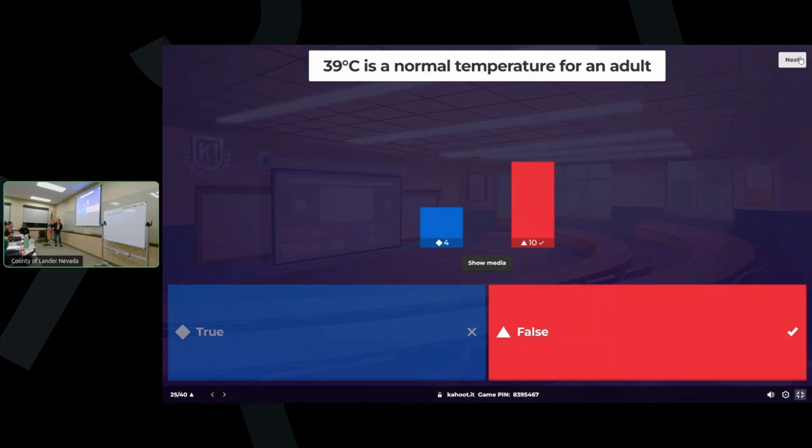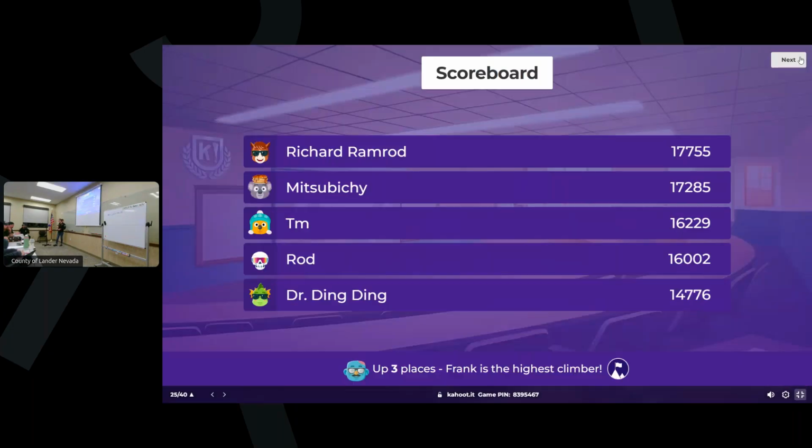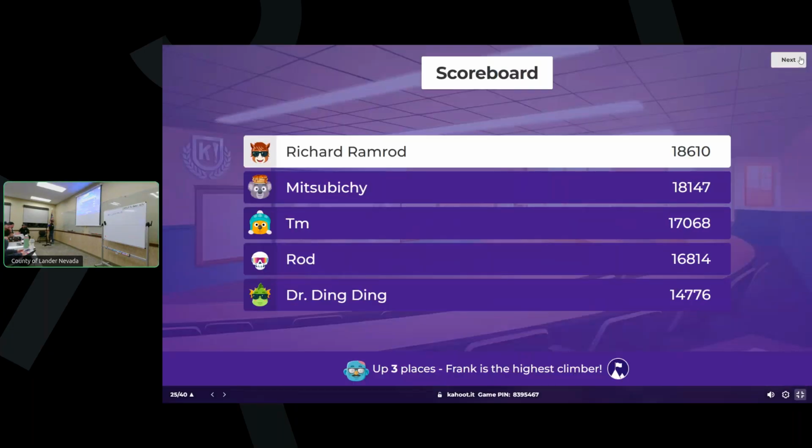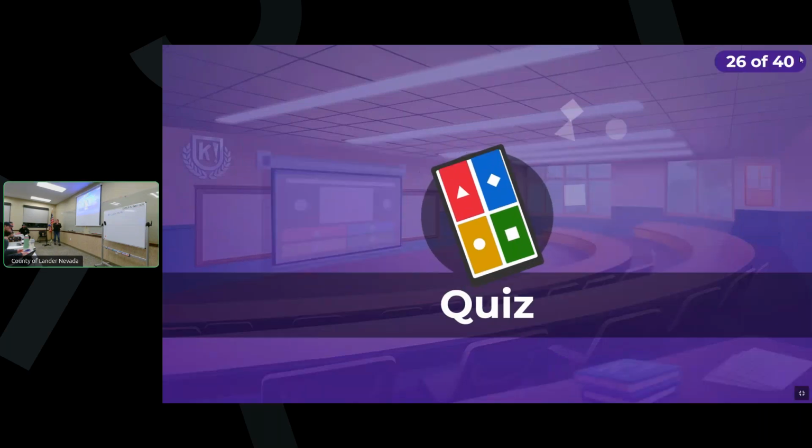Actually, who can tell me normal degrees in Fahrenheit? 98.7-ish, a little above, a little below. For Celsius, it's 37. 37 is normal. We had somebody the other day whose temperature was 40 degrees Celsius.